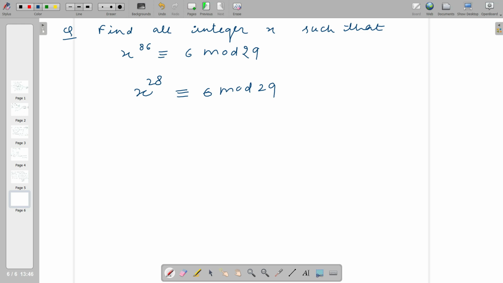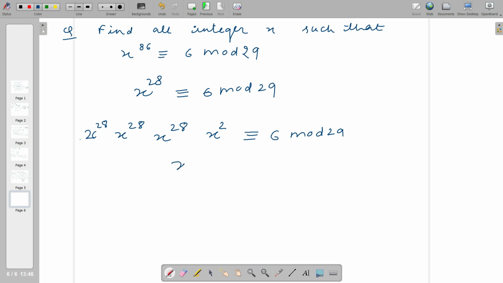So now when we write x to the power 86, it will be x to the power 28, x to the power 28, 3 times x to the power 28, and then x square. It is congruent to 6 mod 29. Because it is given that it is congruent to 6 mod 29, we say that x and 29 are co-prime.